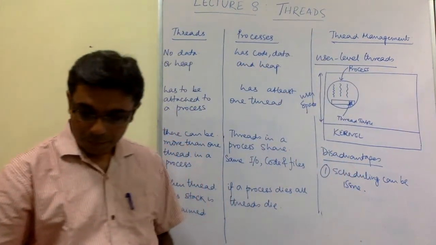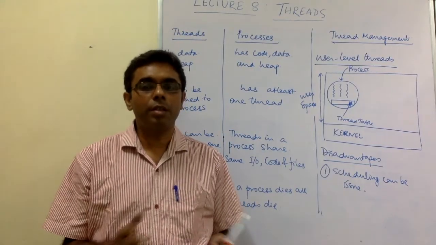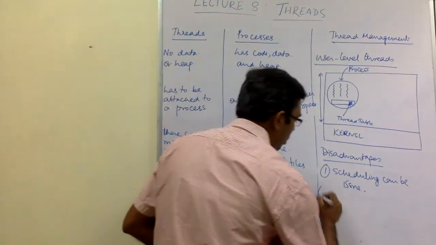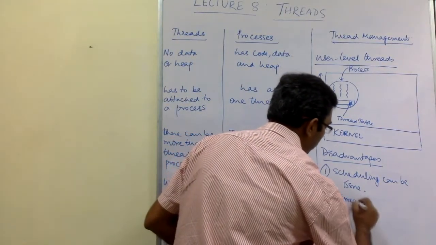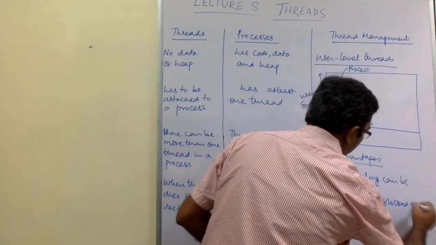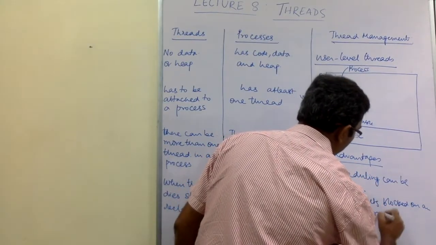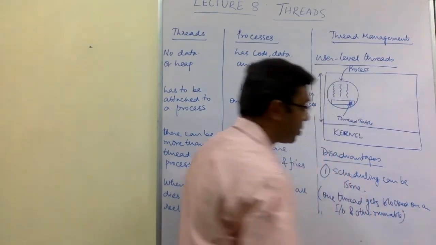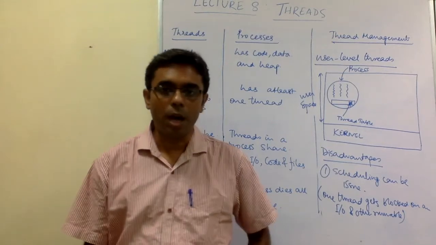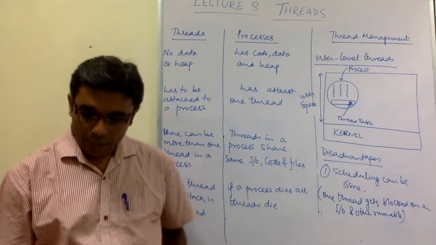The problem is if you have a certain thread that gets blocked on an IO and the other is runnable. Now here is the problem. What to decide? Should we go ahead with the process or should we wait for that IO? In that case, you will have a severe problem.